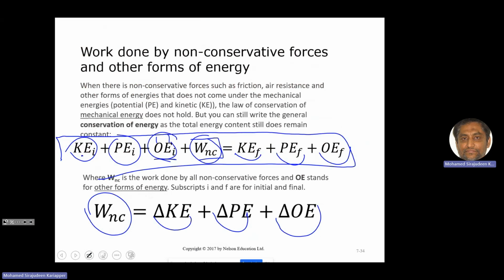The work done by non-conservative forces is usually a negative value, right? So it loses the energy. That's why when you sum up all the changes, you don't get a zero value. There'll be some negative amount which is lost due to those non-conservative forces acting on the object.